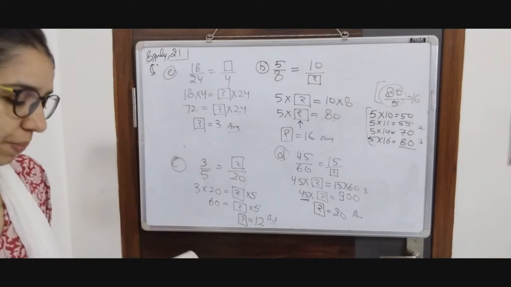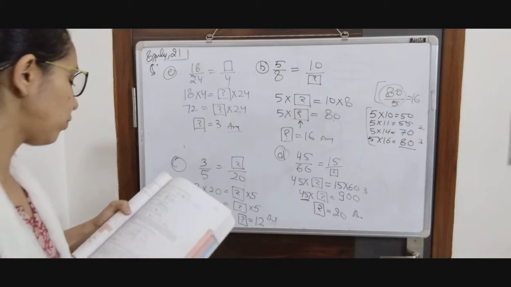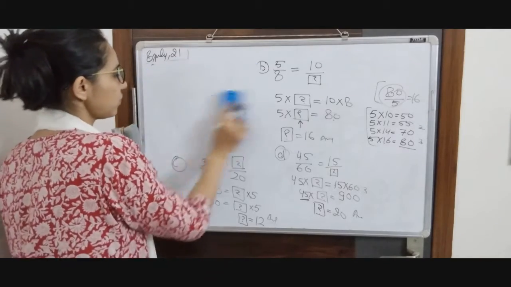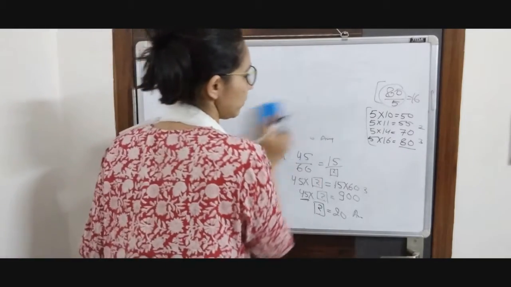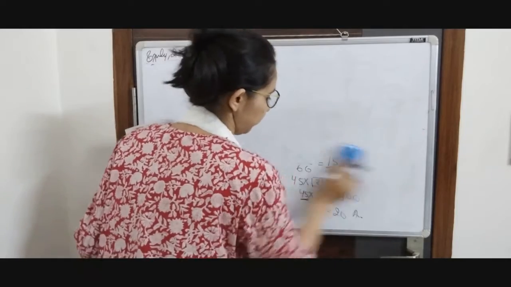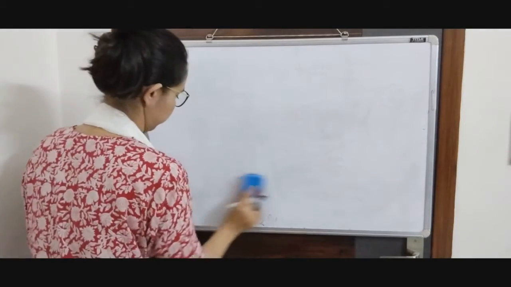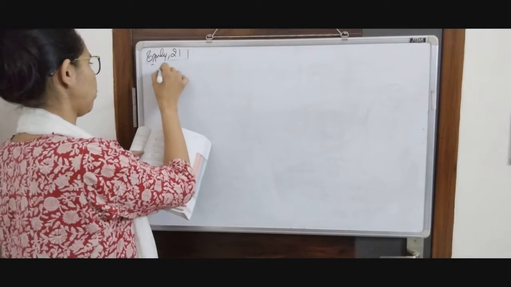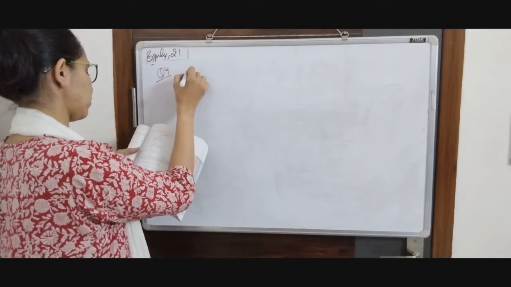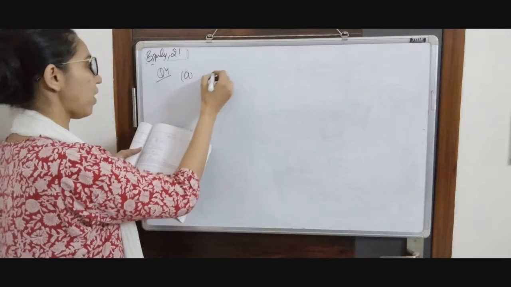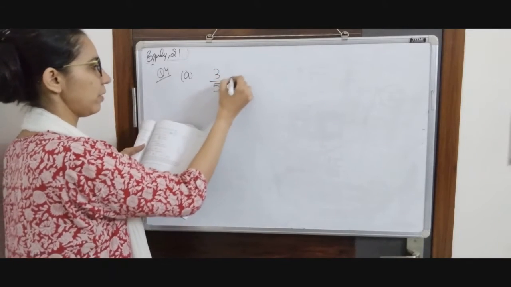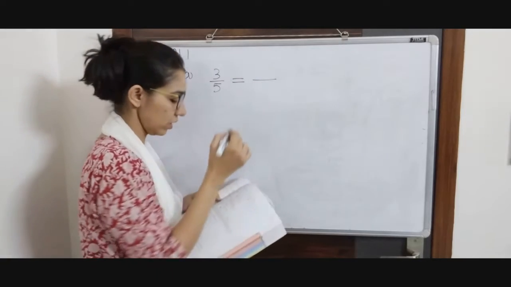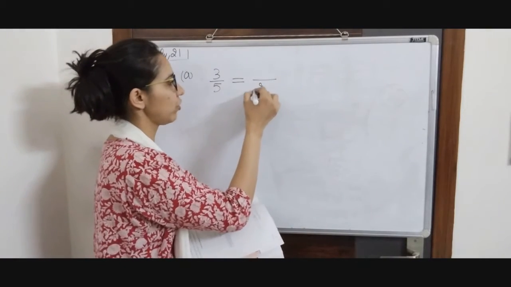Next is you have to find out the equivalent fraction of 3 by 5 when some condition is given. So question number 4, first one. Okay. You have to find out the equivalent fraction of 3 by 5. So this fraction is going to be equal to something with denominator 20.